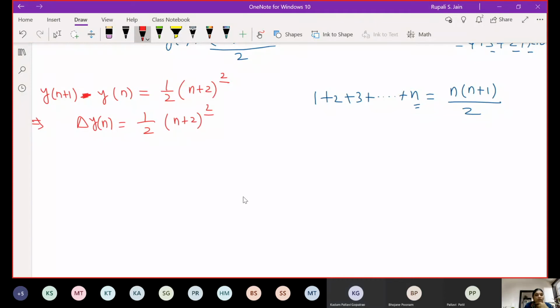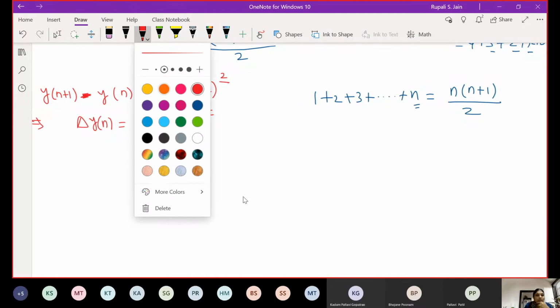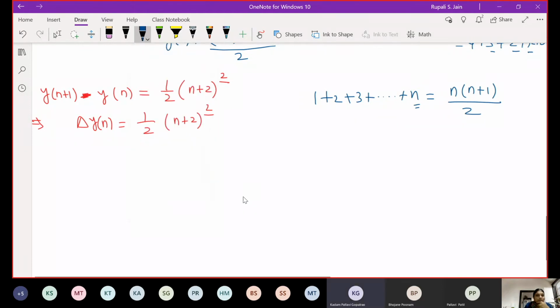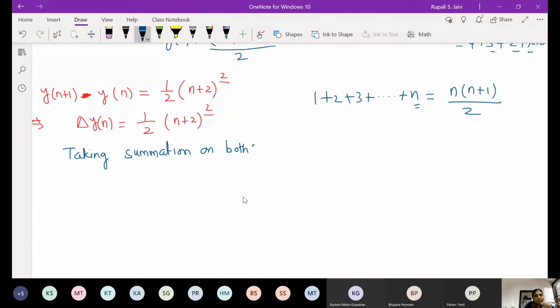So now if I want to find y at n, what do I have to do? Take summation on both sides. This is a first order difference equation, so I have to take summation only one time. Summation on both sides of the above equation, what will I get?